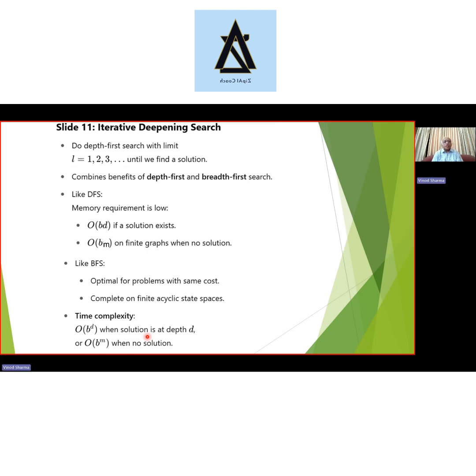Now, next we consider the iterative deepening algorithm. In the depth limited case, we took a fixed limit L. In this case, you iteratively increase the depth limit.